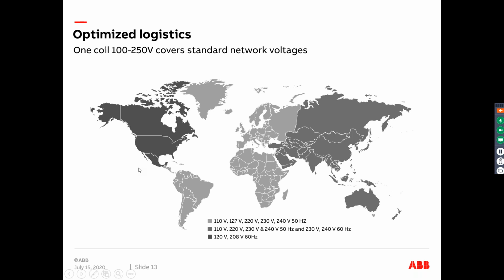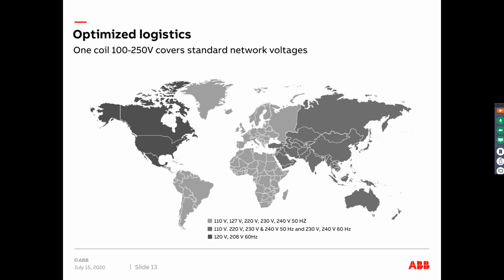They are using it. For example, in Europe, 110 volt, 127 volt, 220 volt, 230, 240, 50 hertz. You have only one contactor. If you are a manufacturer of machinery which is exporting anywhere in the world, this is the contactor for you. In Asia, it is 110 volts, 220, 230, 240 volts, 50 hertz or 60 hertz.